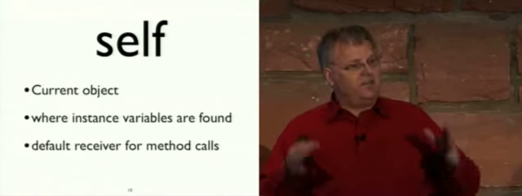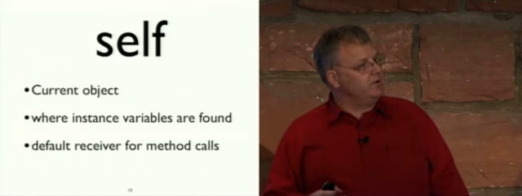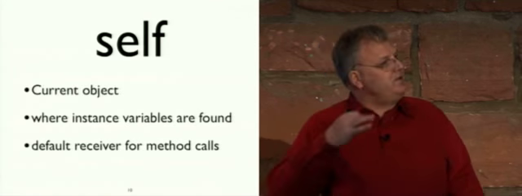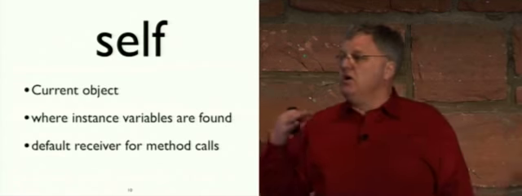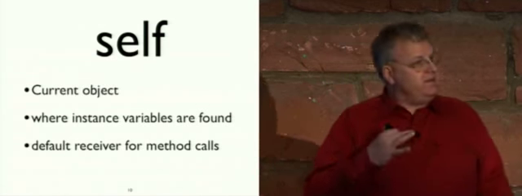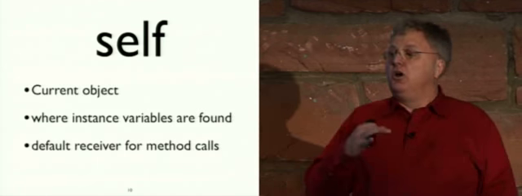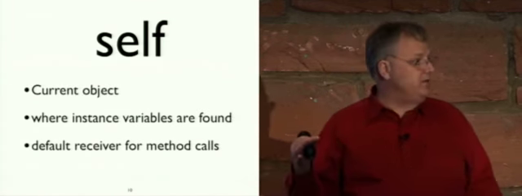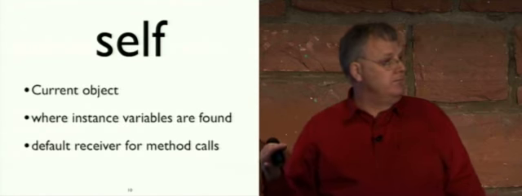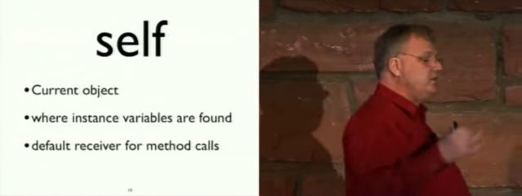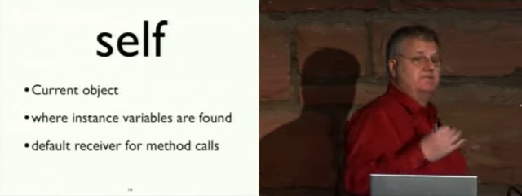Self is the thing that centers all of your Ruby code. And if you understand self, and if you can work out what self is at any point in your running code, you basically understand all there is to know about metaprogramming. Honestly, you don't need anything more than self.